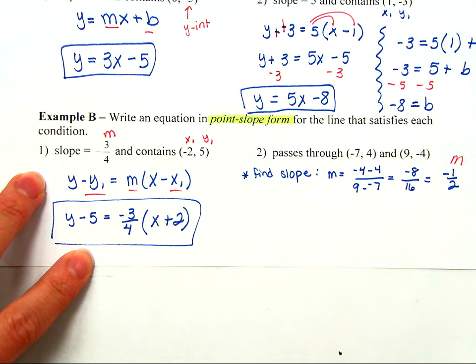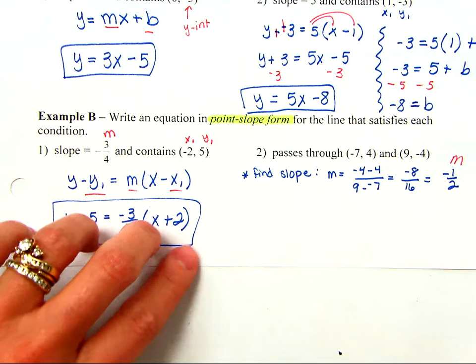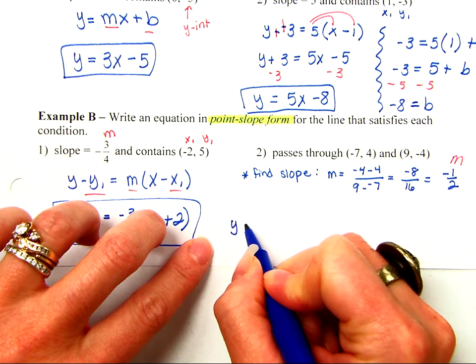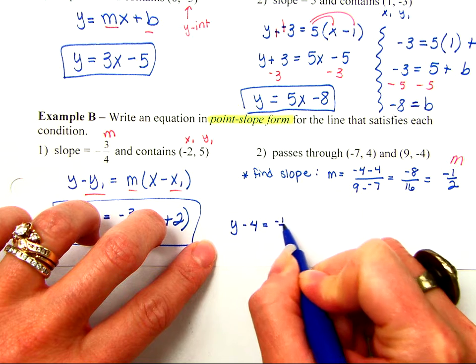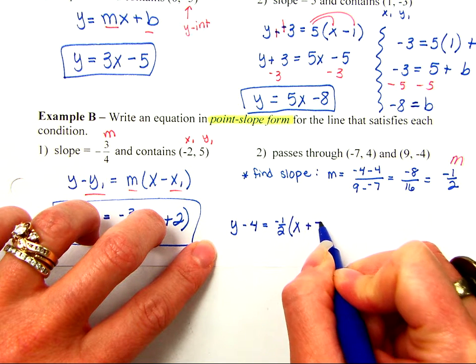Now if I'm using point-slope form here, I have 2 points. I can pick one or the other. It does not matter. So one possible answer, if I pick the first point, would be y minus 4 equal to negative 1/2 times the quantity x minus negative 7.